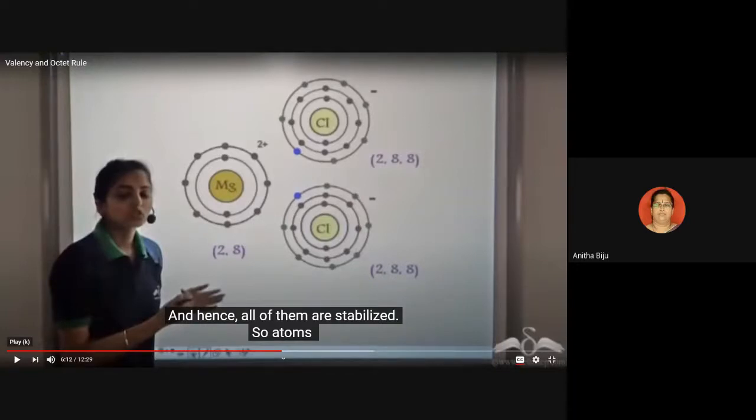Magnesium originally has 12 electrons and 12 protons. So when it loses 2 electrons, the protons remain there in the nucleus. It never changes. So only the number of electrons is reduced by 2. So 2 protons are in excess in that particular atom after losing 2 electrons. So 2 plus means it has 2 extra positive charges.